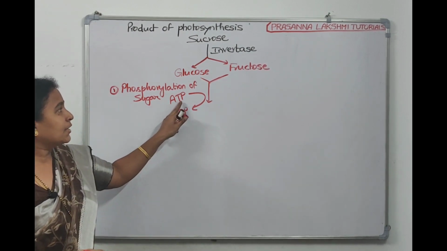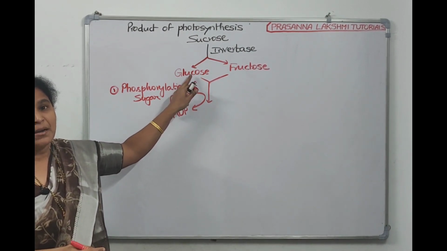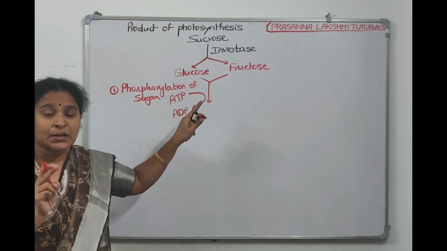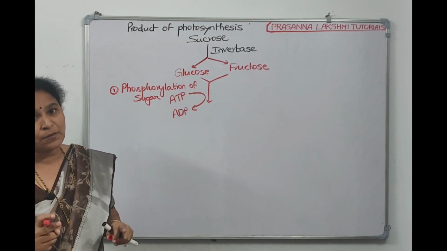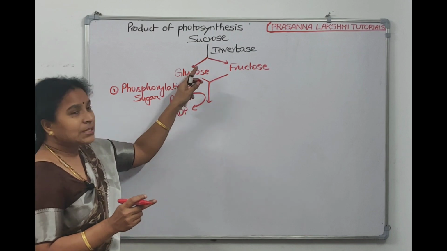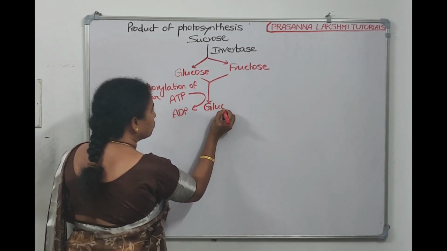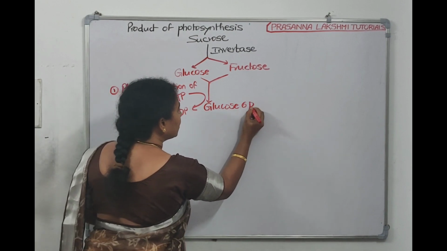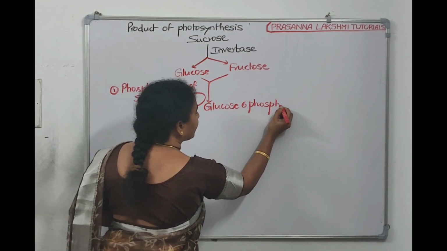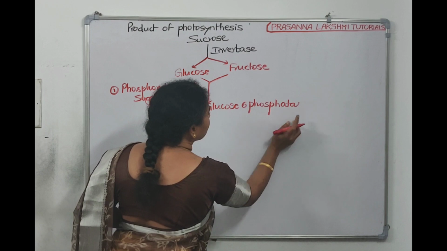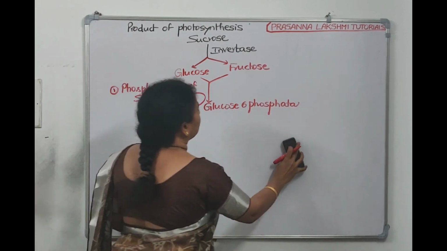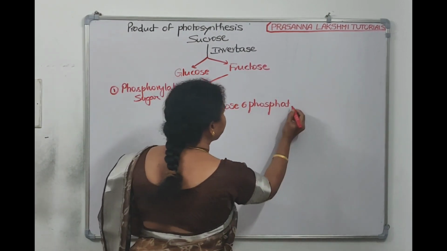So after taking this phosphate, glucose will become glucose phosphate. Where is that phosphate added? At the 6th place of the glucose. So glucose and fructose also get converted to glucose 6-phosphate, right?